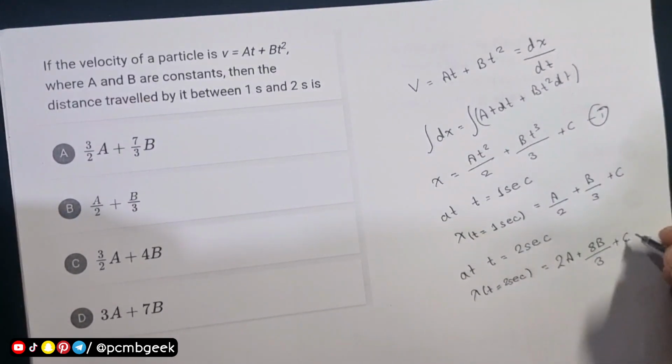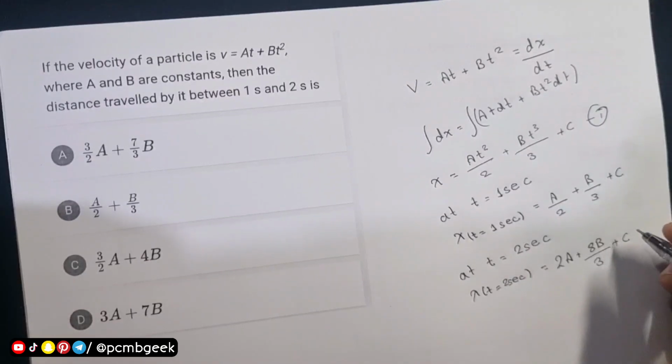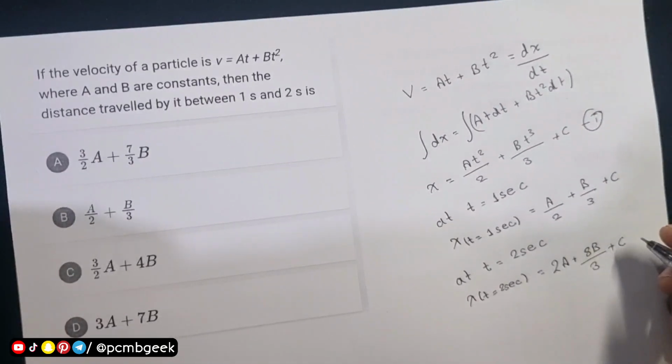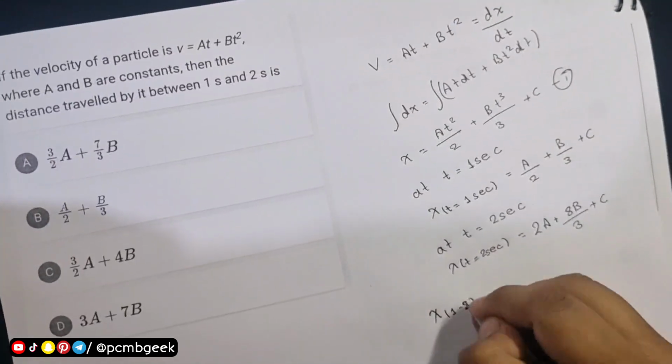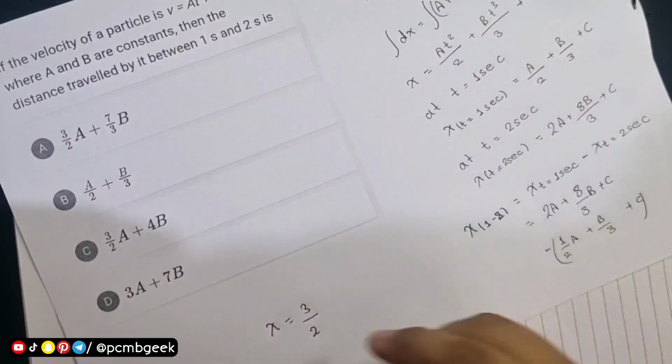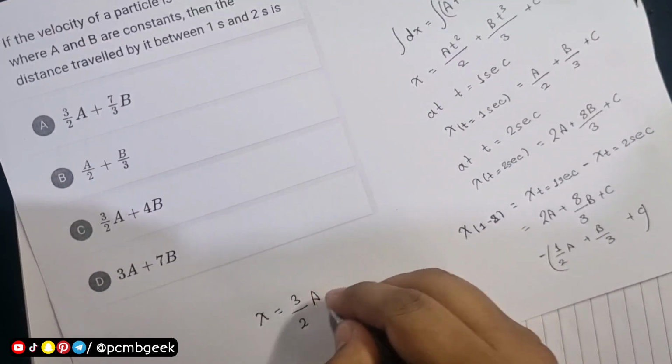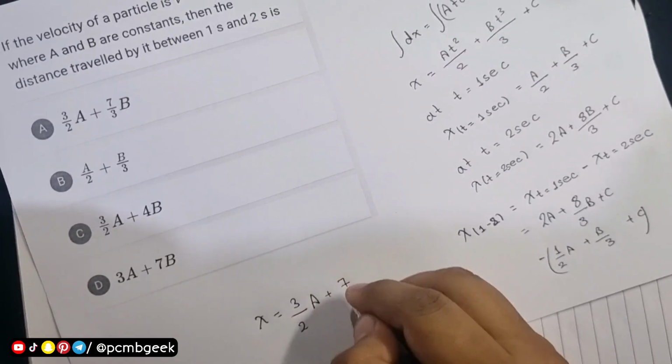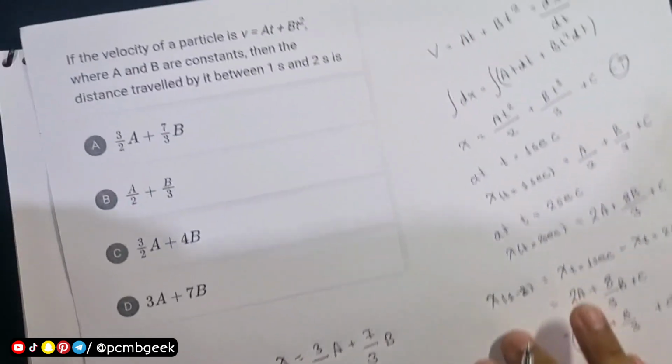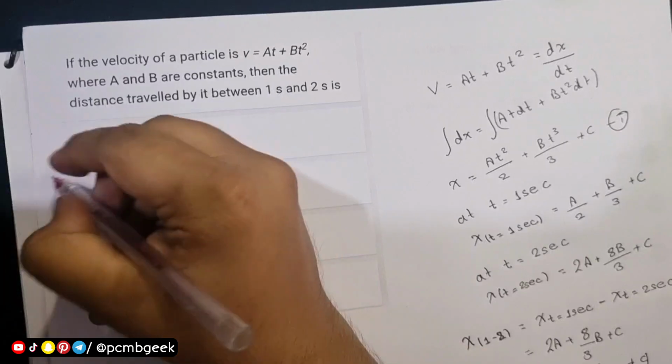If I simply subtract these two, I get the distance traveled by the particle between 1 and 2 seconds. We get x equals 3 by 2 times a plus 7 by 3 times b. That means option number A is the correct answer.